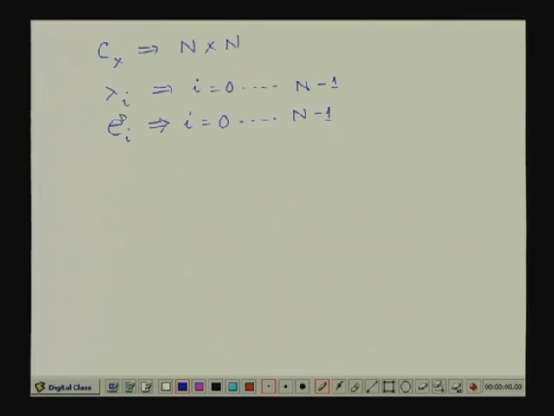Now, given these n eigenvectors for n eigenvalues, we can form the transformation matrix A. Here this transformation matrix A will be formed as E 0 transpose.